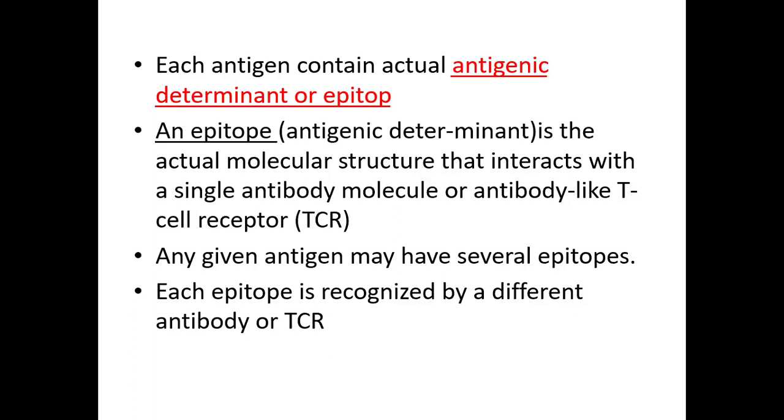And an epitope is a specific part of the antigen. It is the actual molecular structure that interacts with a single antibody molecule or T cell receptor. Any given antigen may have several epitopes. Each epitope is recognized by a different antibody or TCR.